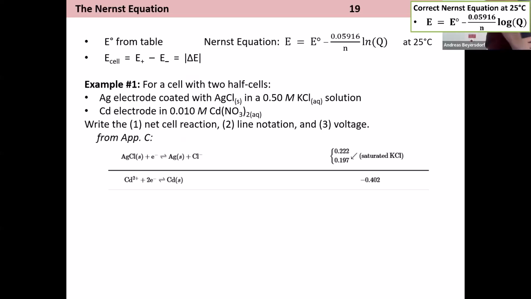The first is a silver electrode coated with silver chloride in a 0.5 molar KCl solution. The second is a cadmium electrode in 0.01 molar cadmium nitrate. We want to first write the net cell reaction, the line notation, and finally calculate the voltage.